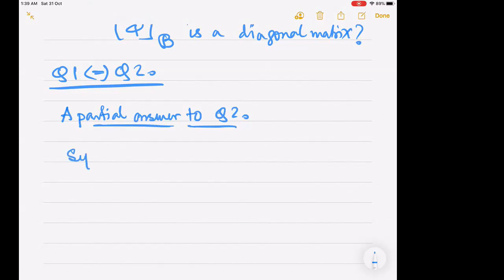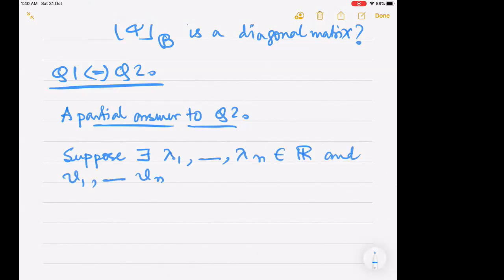Suppose there exist lambda 1 up to lambda n real numbers, and v1 up to vn vectors in the vector space V, such that this set is linearly independent.